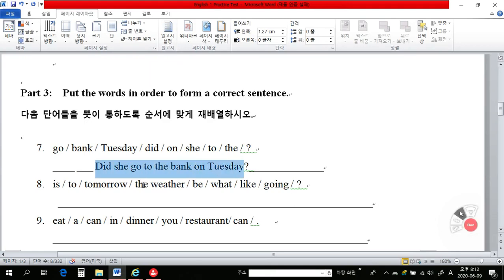Let's continue. We were in question number 7, which was a past tense question from Unit 9. In number 8, we're going to go to Unit 12. This question deals with the future tense.